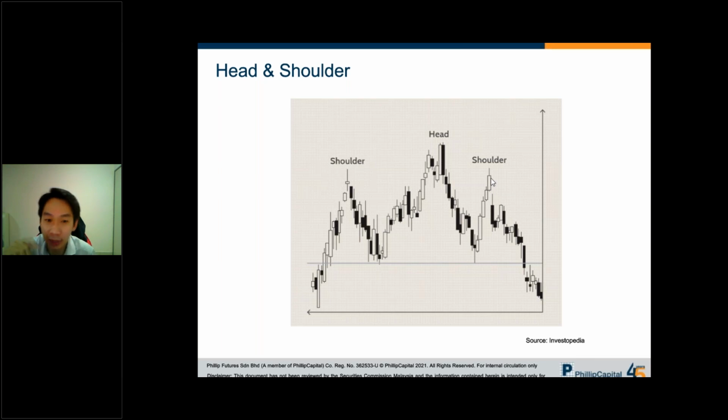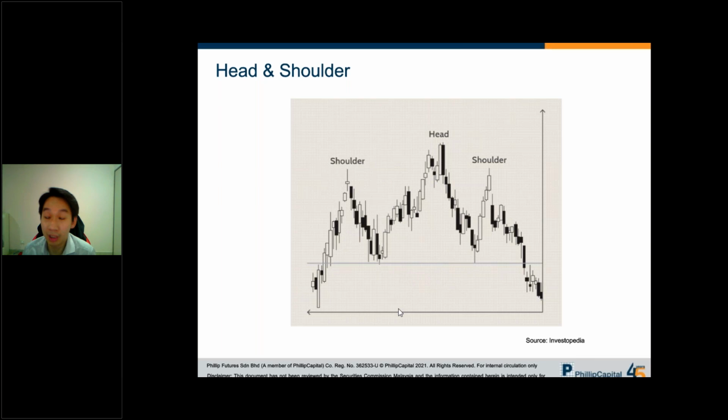So basically you have your left shoulder, your head, and your right shoulder, before you can confirm a trend reversal to enter into a short position. The inverted head and shoulders is basically the inverse of this, for a long position.